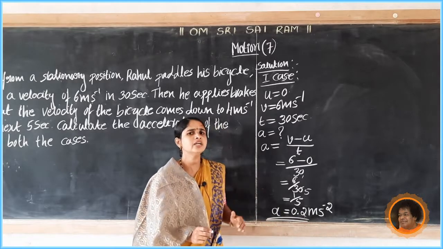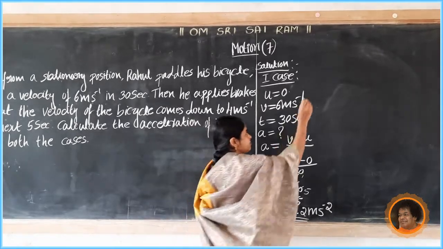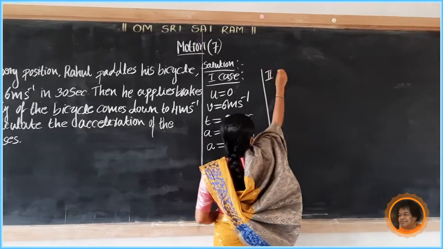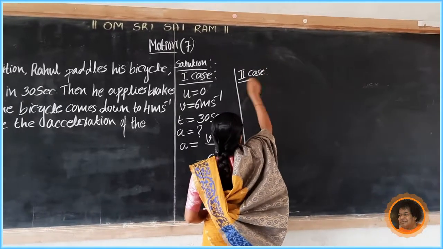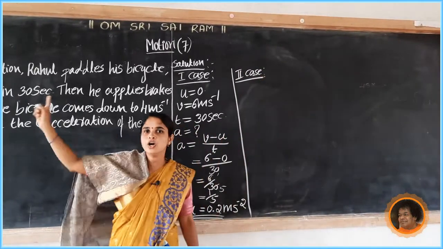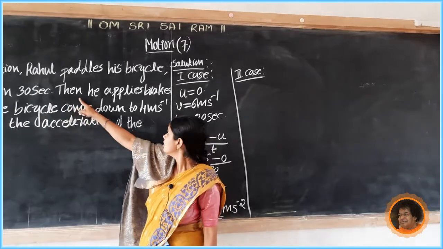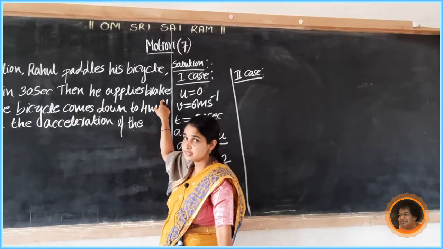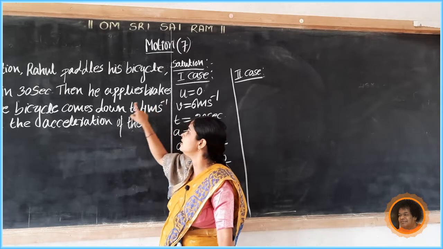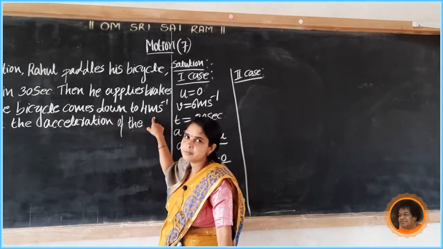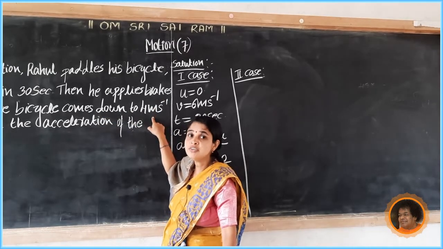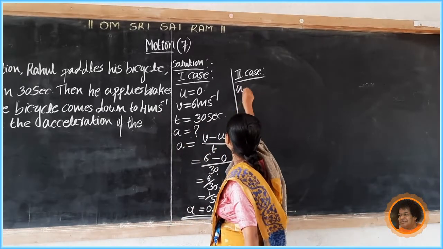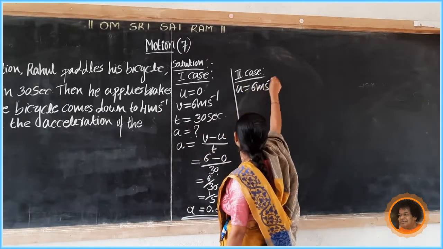Now calculate the acceleration in the second case. Then he applies brakes such that the velocity of the bicycle comes down to 4 meters per second. Here the first velocity is 6 meters per second, so initial velocity U equals 6 meters per second.